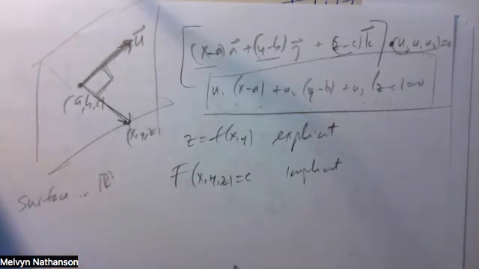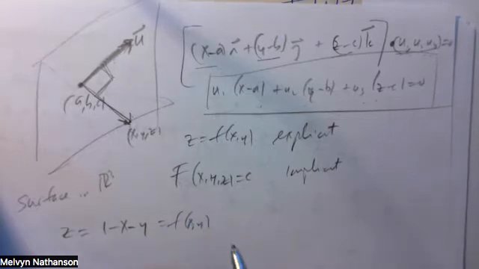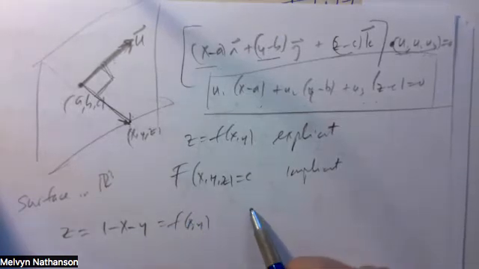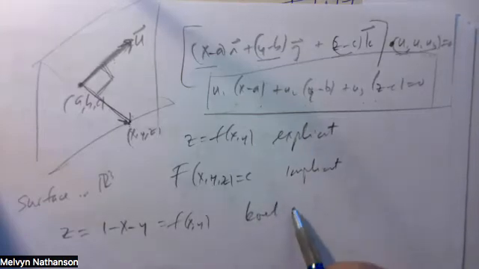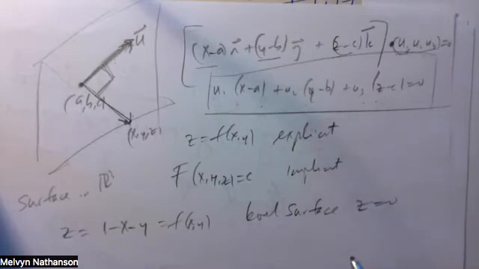So for example, suppose you have the function z equals 1 minus x minus y. So here you have some function f of x, y. And you want to find the level surface z equals 0, so that's all the points where x plus y equals 1.